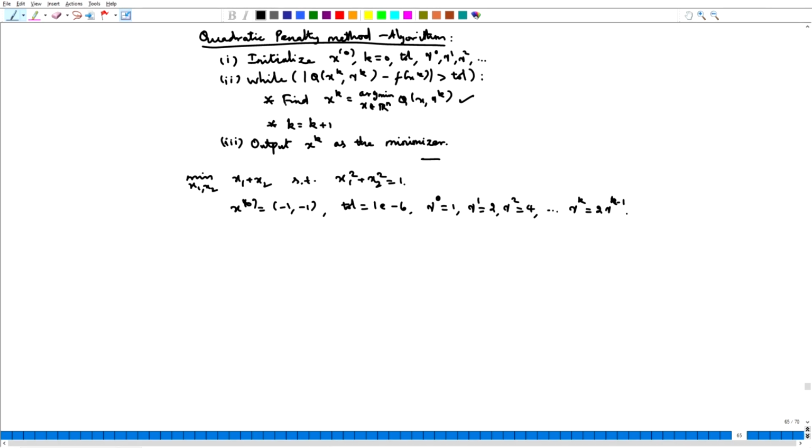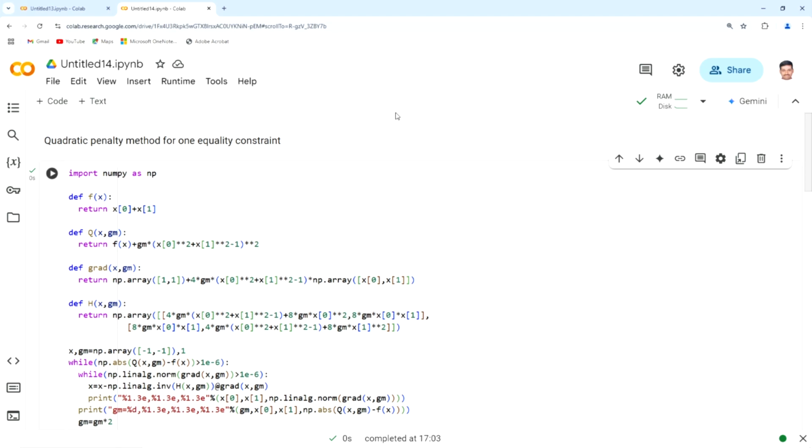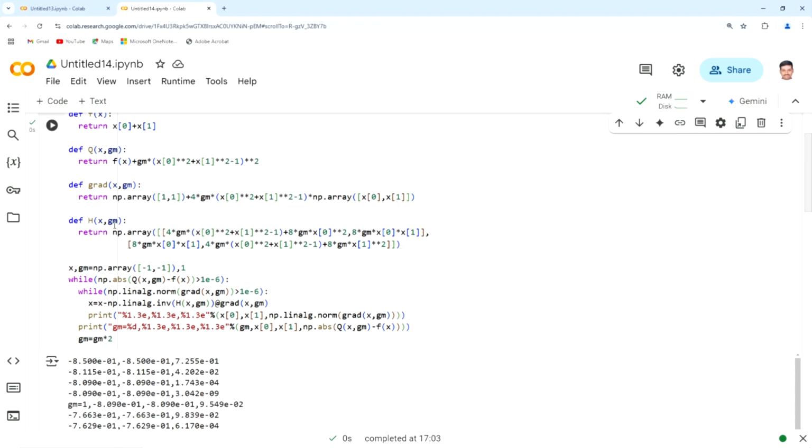The inner loop is in finding the minimizer of q of x comma gamma k in each step. So that is where the inner loop is involved. This is the outer loop and this part is the inner loop, and here we have used Newton's method.